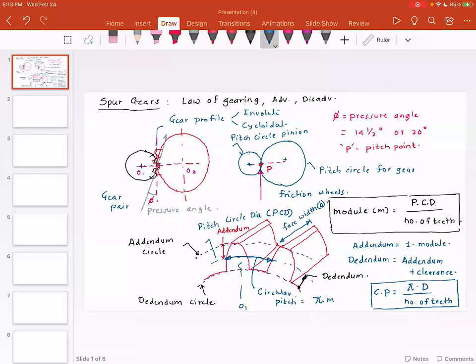And then there is something called the total depth, which is the total distance from the addendum all the way to the dedendum circle, which is nothing but this guy. So this is the total depth.